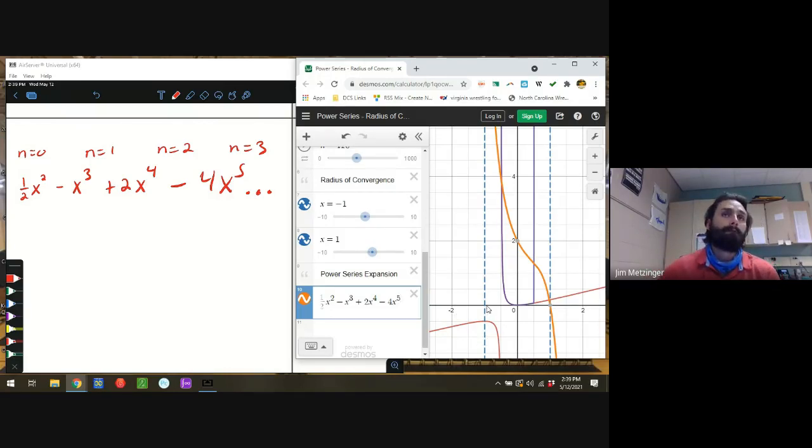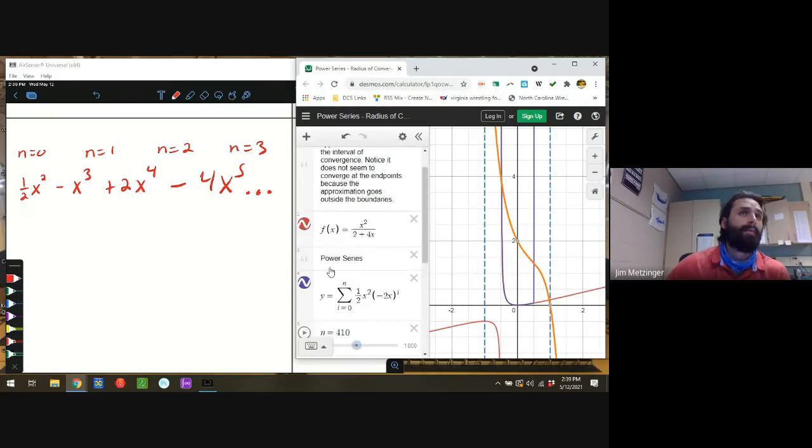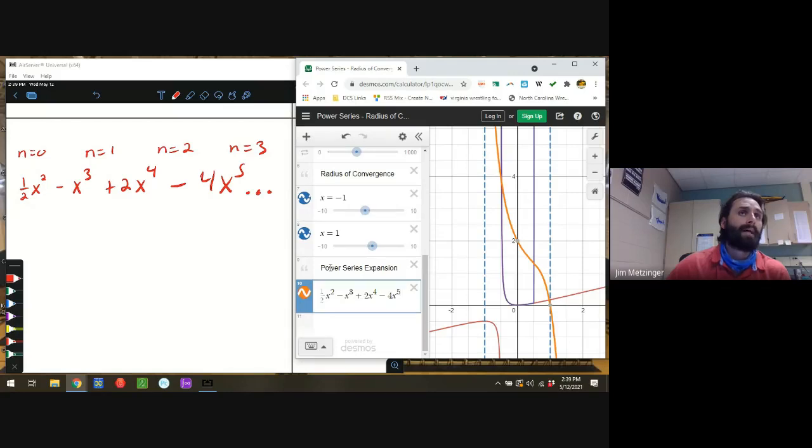So the last thing that we want to do, after this thing starts plotting, is figure out inside of what interval my power series expansion will be very close to the actual function, which I can't really see colors here, but it would be red. Inside of what interval?